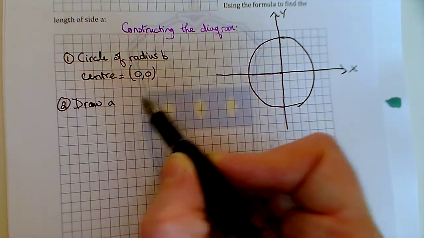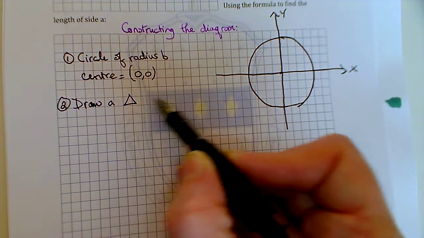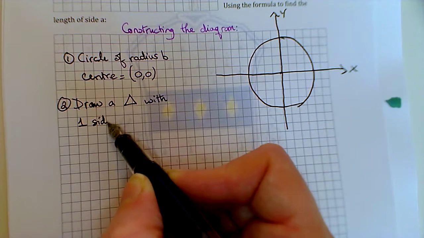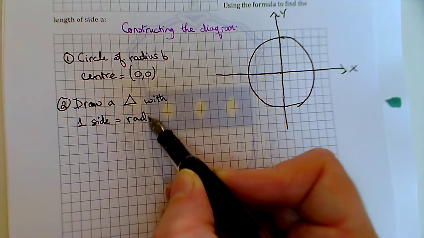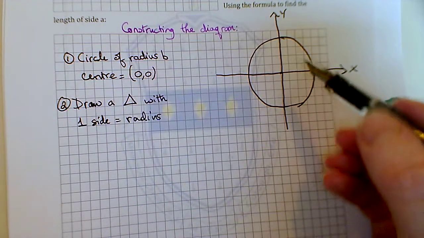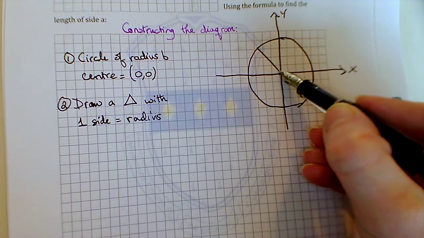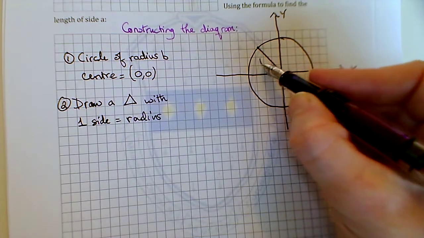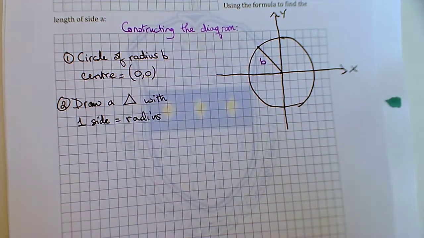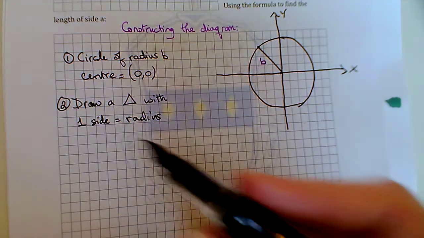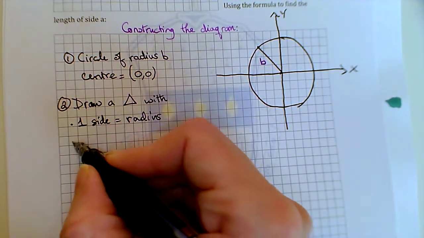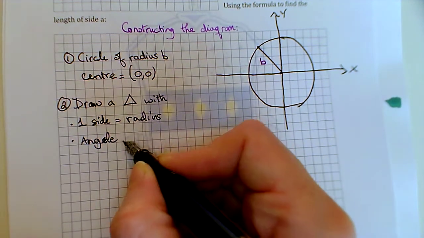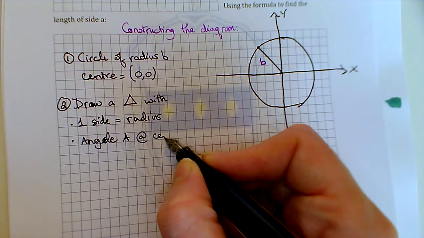So draw a triangle with one side equal to the radius. Okay, so I'm going to just do it leaning back like this. It makes it just a little bit easier to see. That's going to be equal to the radius, like that. One side equal to the radius, and the angle A at the center.